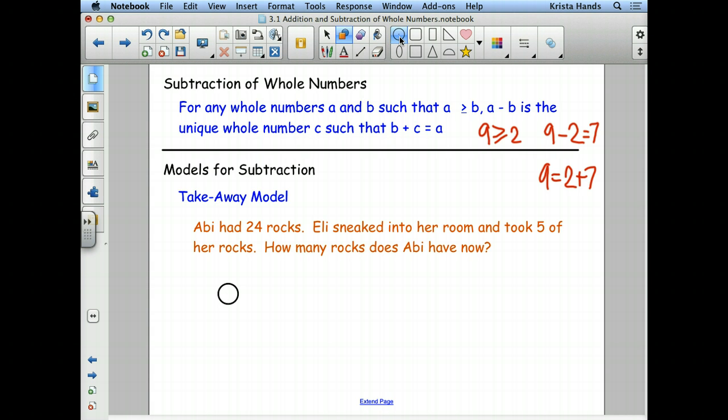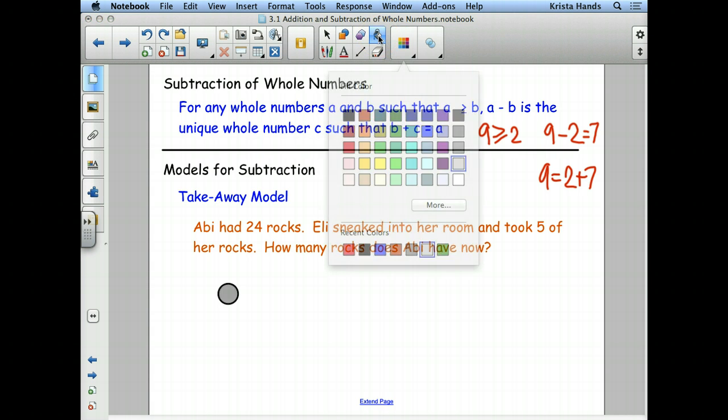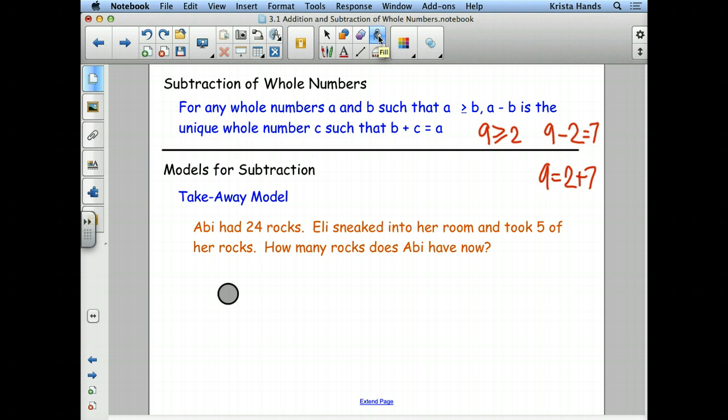So here's my rock. Sure, why not? It's going to be a gray rock. All right. And I want 24 of them.